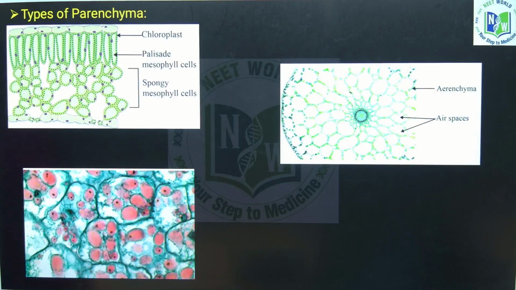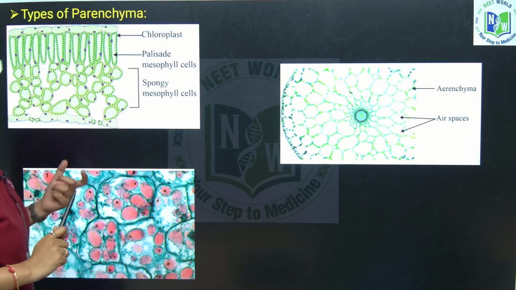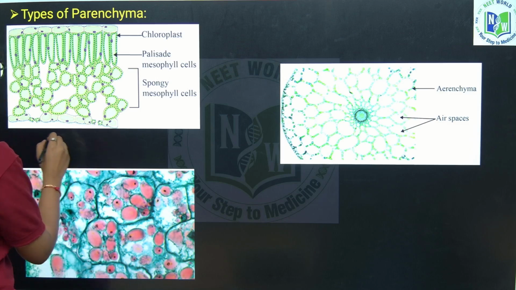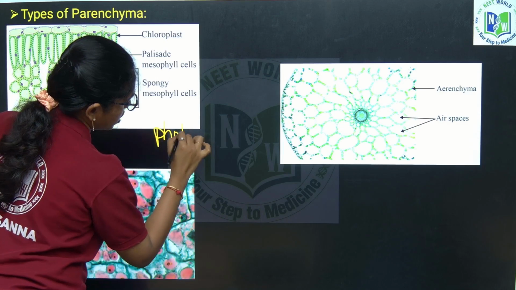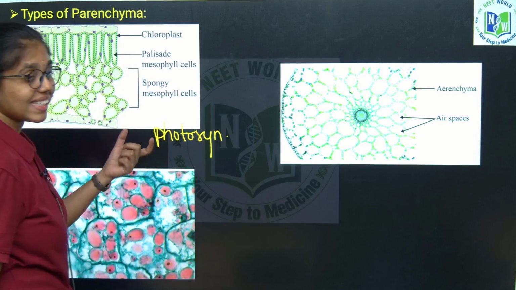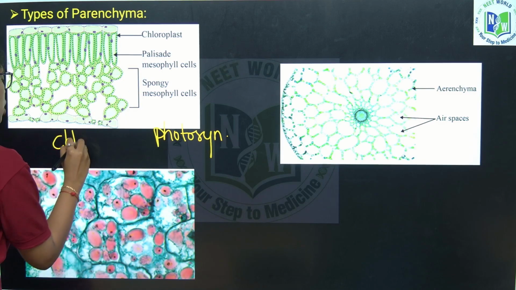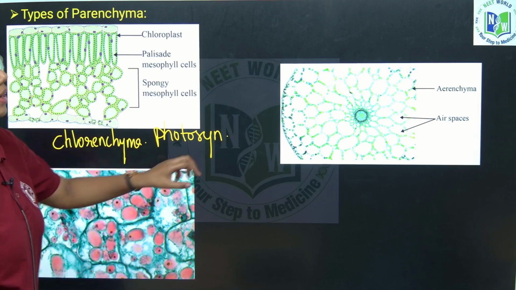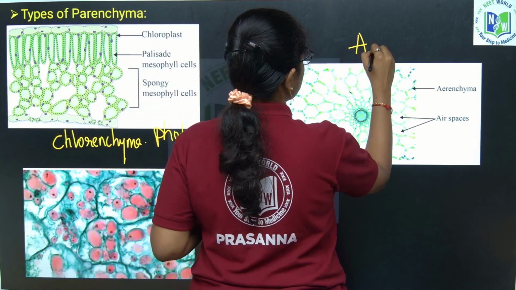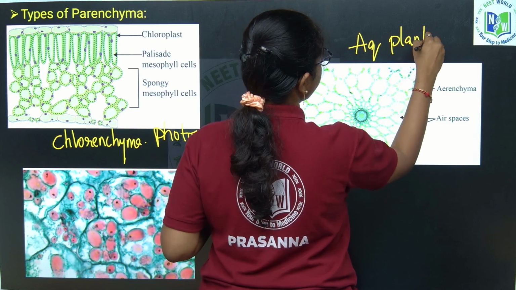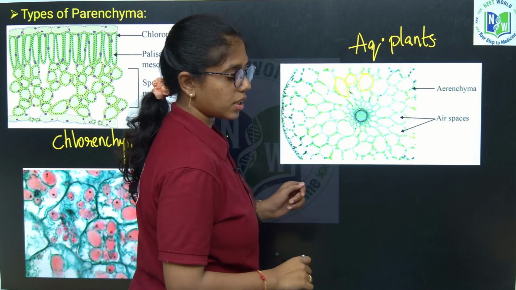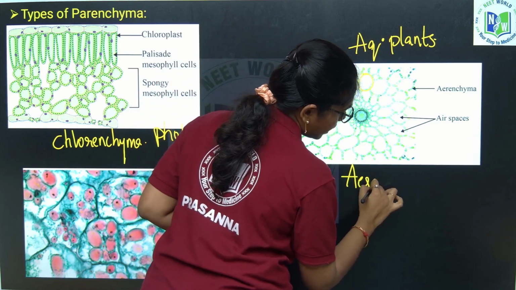Now, types of parenchyma. Based on the functions, we have different types of parenchyma. If parenchyma has chloroplast in it and conducts the function of photosynthesis in leaves, then it is called chlorenchyma. Clear? And in aquatic plants, parenchyma has large air spaces in between, and it is called aerenchyma.